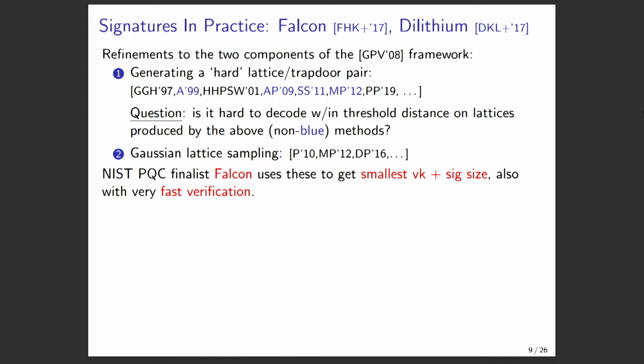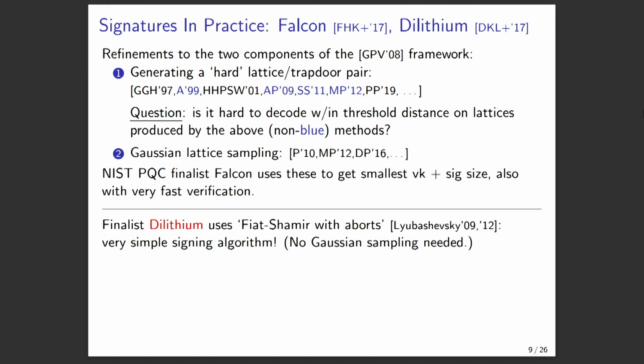And as I said, Falcon got the smallest key plus signature size of all the post-quantum signature candidates. And verification is really, really fast. It's a very simple computation. You basically do public key times signature, does it equal the hash or not? And is the signature short? And that's all you have to test. So it's screamingly fast to verify. OK, so that's the picture.